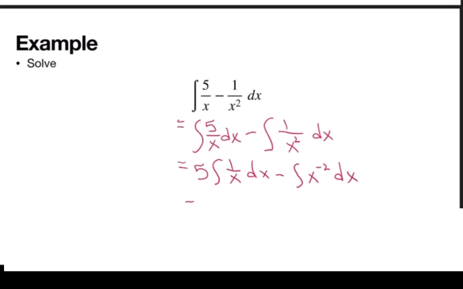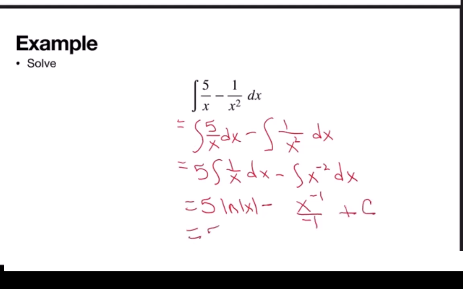Now when I want to integrate, I get 5 times the natural log of x minus, remember my power rule says I have x to the n plus 1. If negative 2 is n, this would be negative 1 divided by negative 1 plus c.